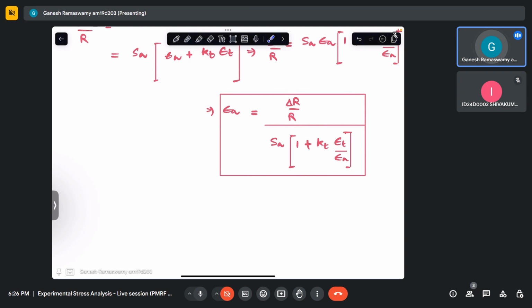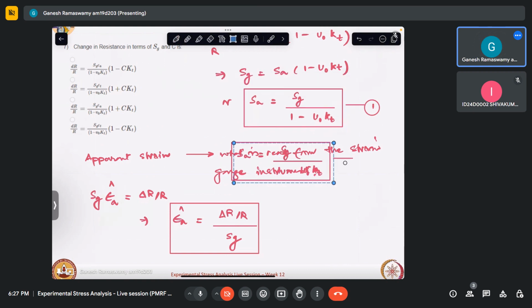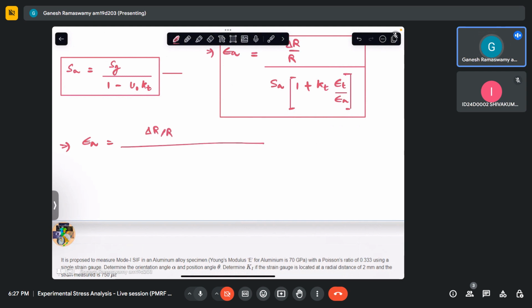But in reality, we do not know the value of Sa. From our strain gauge, we only know the Sg. So let us replace what Sa is in terms of Sg. So we have this expression. Now, epsilon A, if we were to substitute, we have it as delta R by R whole divided by, in place of Sa, I'll substitute this.